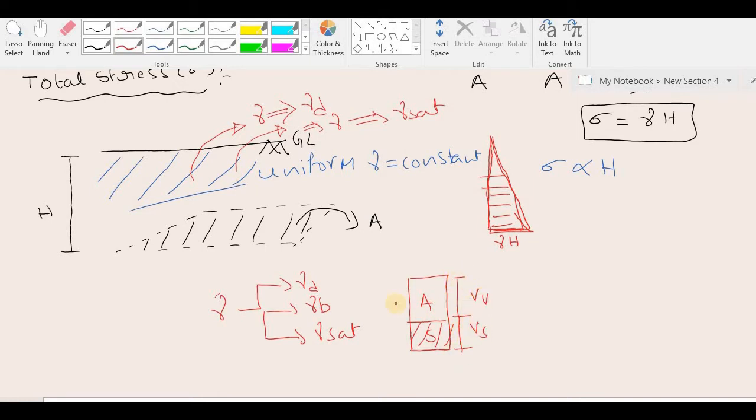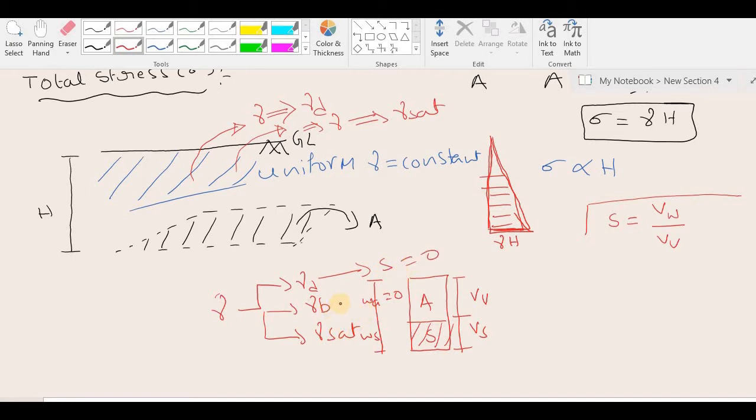Volume of solids, volume of void, weight of solid, weight of air, which is 0. So what is degree of saturation? Don't confuse. Degree of saturation is equal to volume of water by volume of voids. It means how much water is present in the voids. As there is no water in the voids, the degree of saturation is 0.